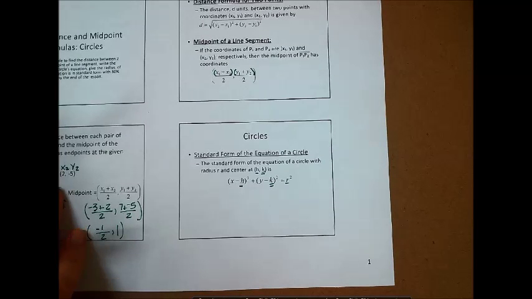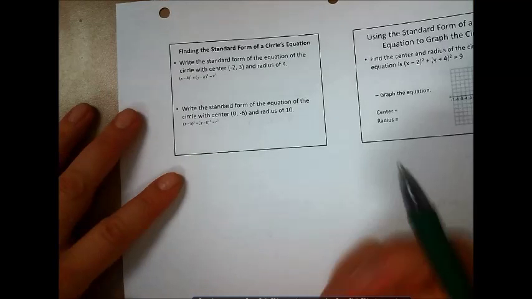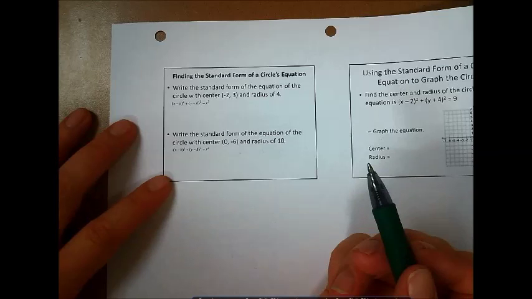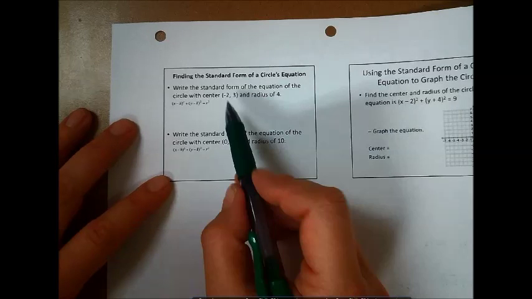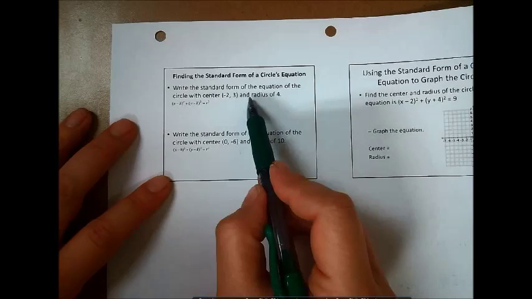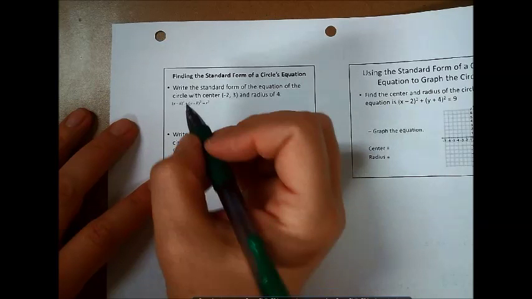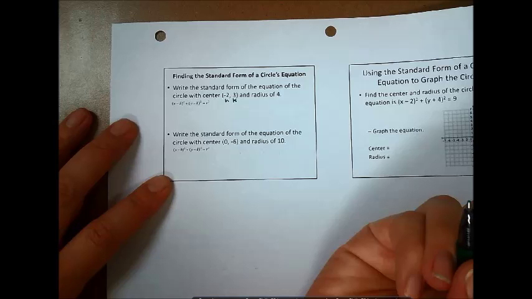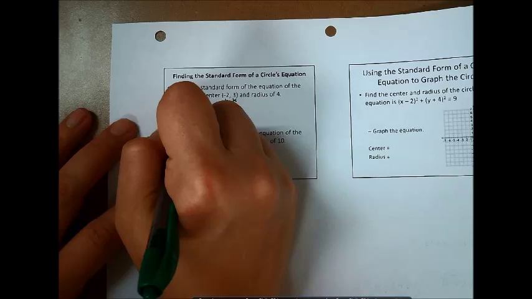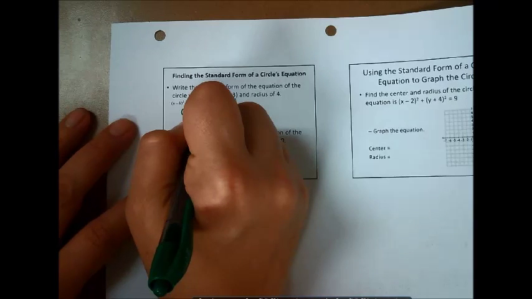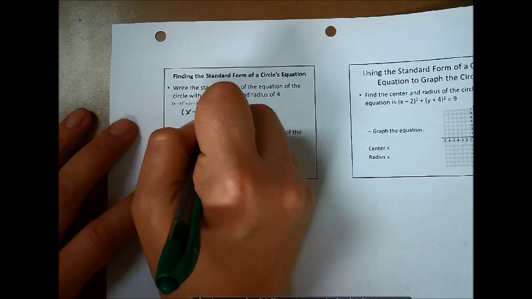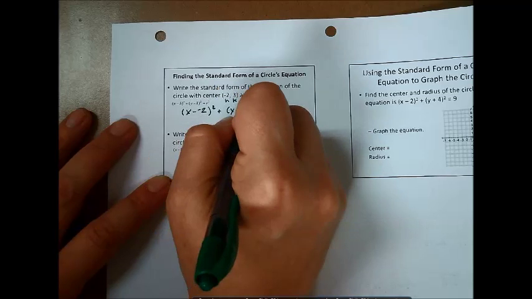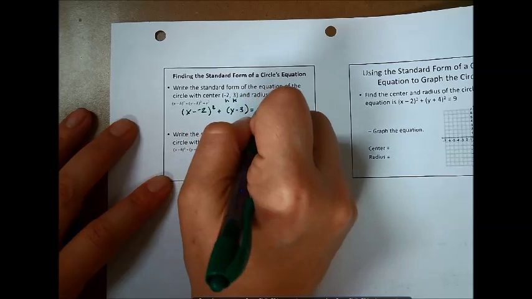So here we go. Write the standard form of the equation of the circle with center -2, 3, and radius of 4. So this one is h, and this one is k, because it's hk. And then we just say (x minus -2) squared plus (y minus 3) squared equals 4 squared.